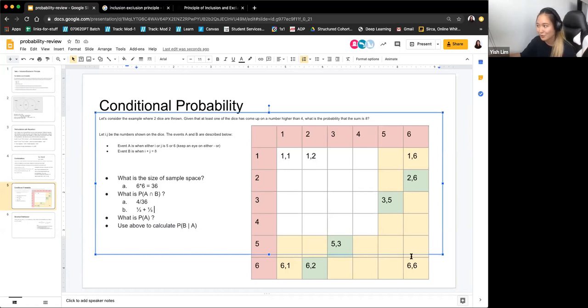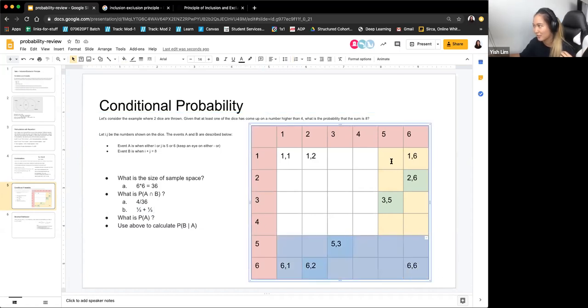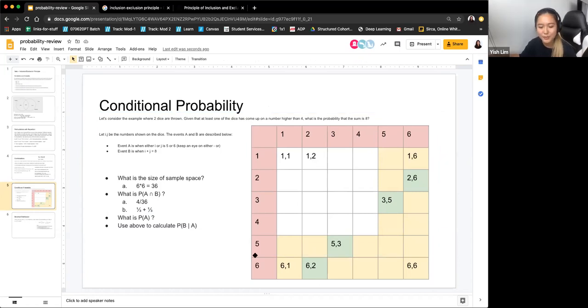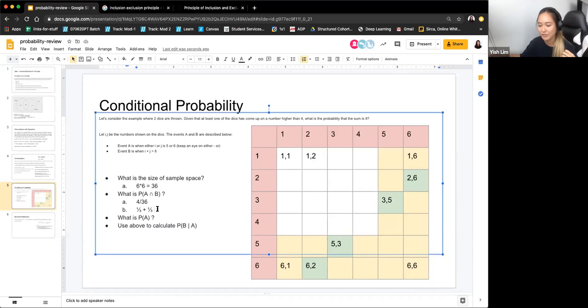However, there's a case where you have an overlap, because you sort of double count this middle area in making this calculation. This is the first 1 out of 3, this is the second 1 out of 3. So via the inclusion-exclusion principle, you need to take away the cells where both of them are 5 or 6.